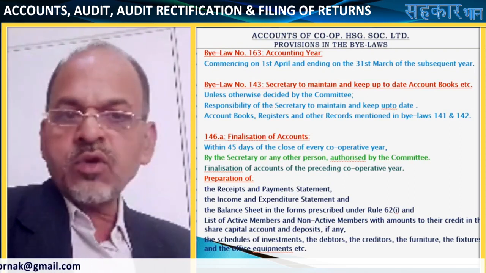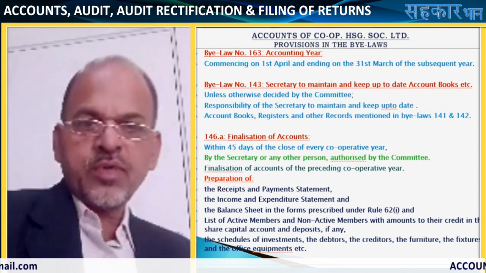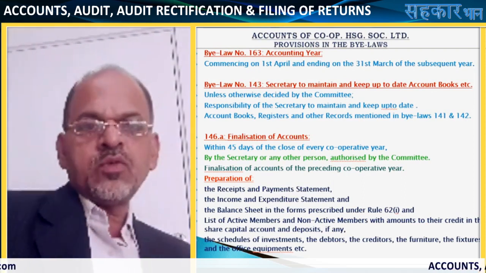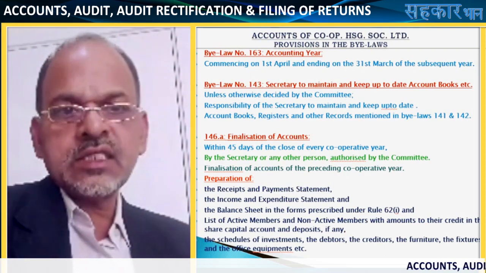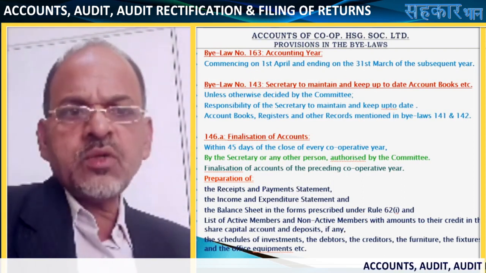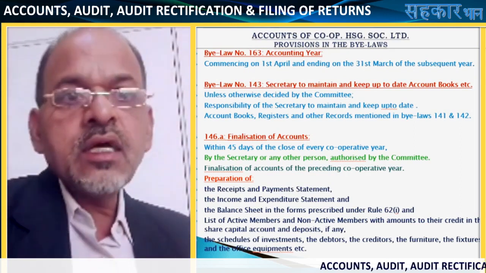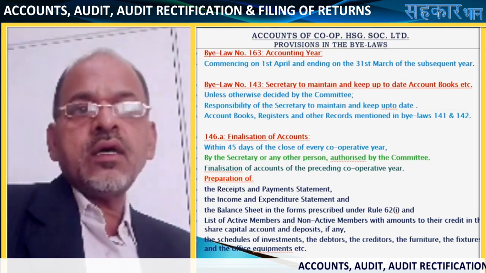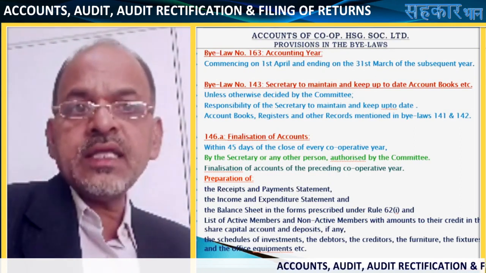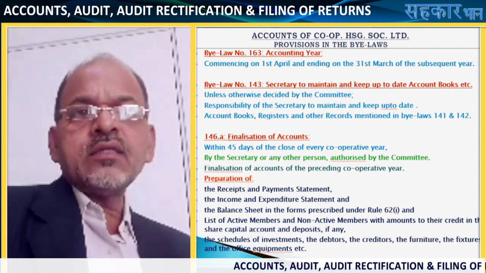The schedule of investments, the debtors, the creditors, the furniture and fixtures, that is dead stock, and the office equipments, etc. These are the provisions of bylaw numbers 163, 143 and 146.